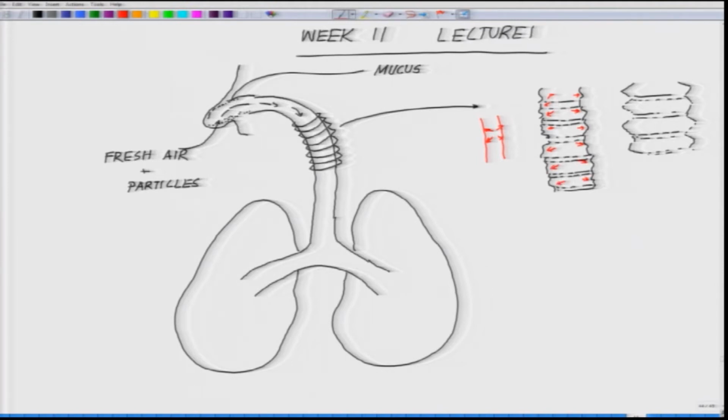So, this trachea continues. Now this trachea comes inside and it splits up like this. Something like this, and we will come to the finer details once it splits up.